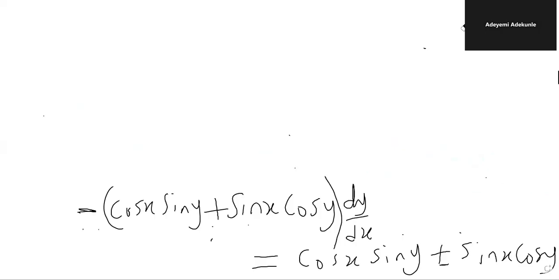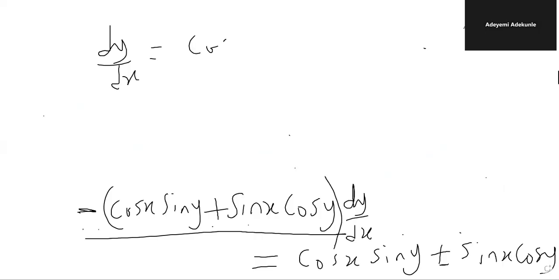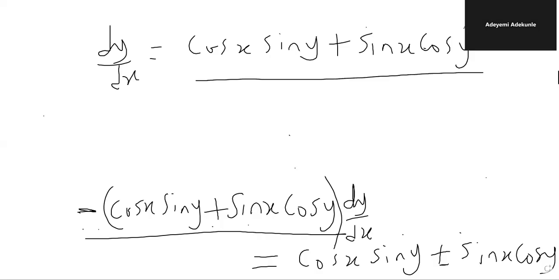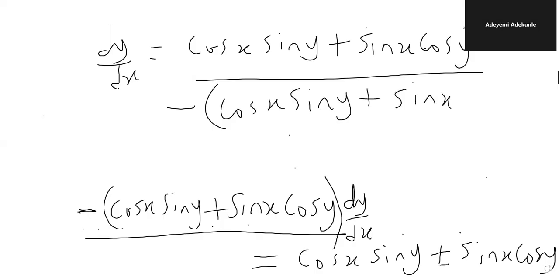All right. So from here now, we can divide both sides by this particular coefficient that we have here, the coefficient of dy/dx. So meaning that our dy/dx now will be cos x sine y plus sine x cos y over minus into bracket of cos x sine y plus sine x cos y.